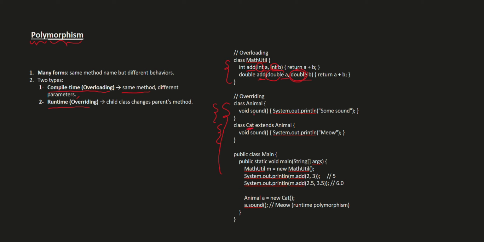Both have the same method sound, but when you create an object of type parent, A is of type parent, but the actual object is of class child. So this child method overrides the parent method. So when you call a dot sound, it does not call animal dot sound. It calls the child's dot sound.